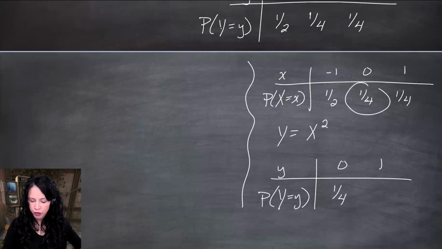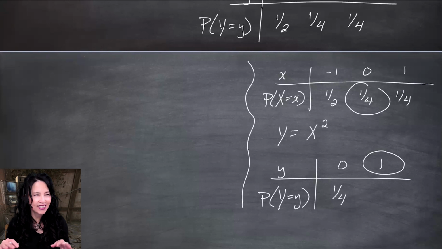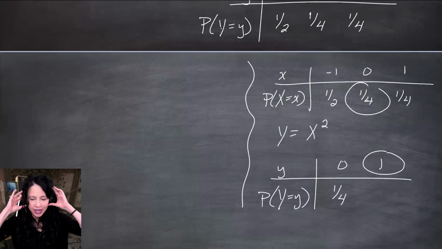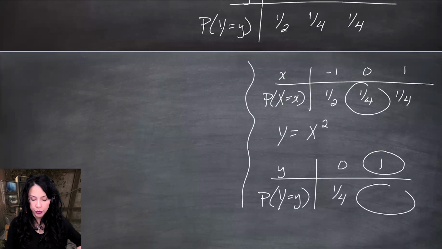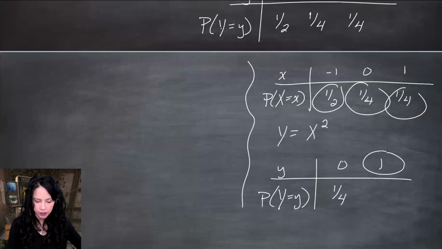But y takes on the value 1 when either x was 1 or -1. Those are disjoint events, and you get to add probabilities for disjoint events. So the probability that goes here is the rest of the probability, 3/4, or you can think of it as coming from 1/2 plus 1/4. So let me plug that in: 3/4.